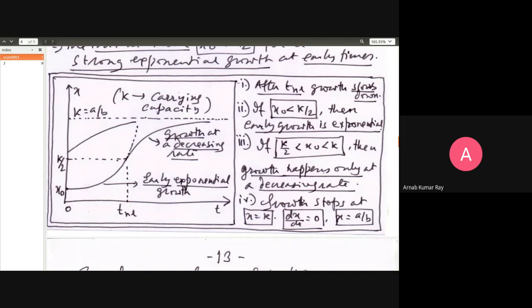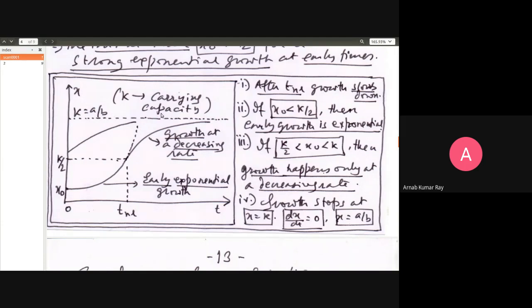That is what you have. And then the last point is that growth stops at x equal to k, where dx dt is equal to 0. So this will be a saturation thing. This is known as the carrying capacity. One last technical point before I stop is that this quantity k is called the carrying capacity.